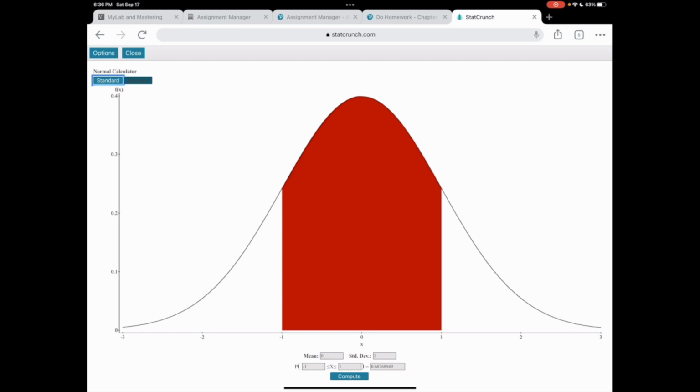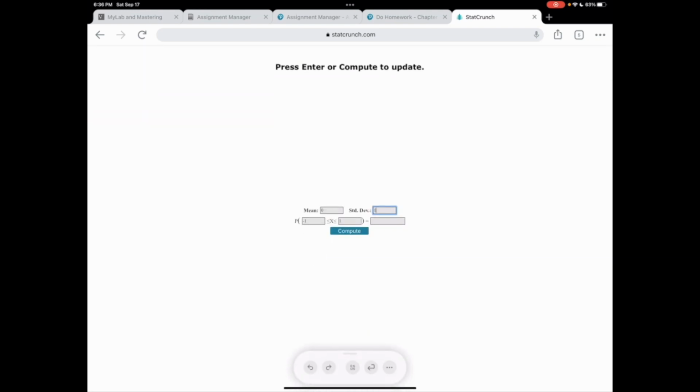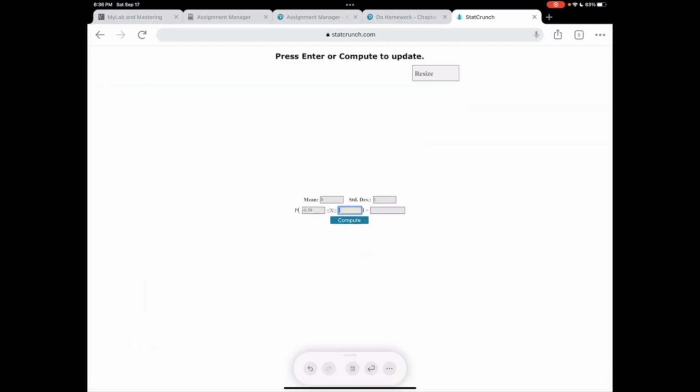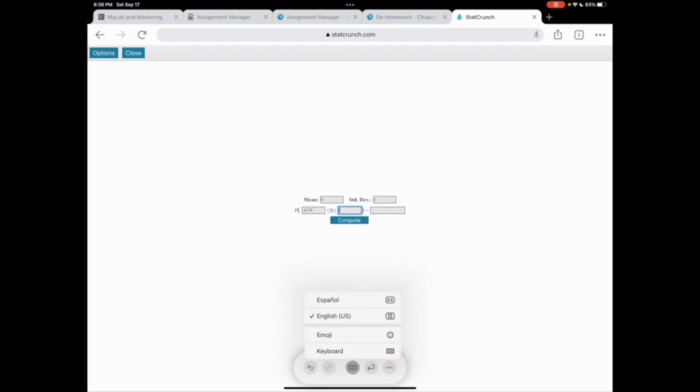Our standard deviation is 1, but now our lower value here, let's do keyboard, is going to be a negative 0.59. And our upper value is going to be a positive 1.05.